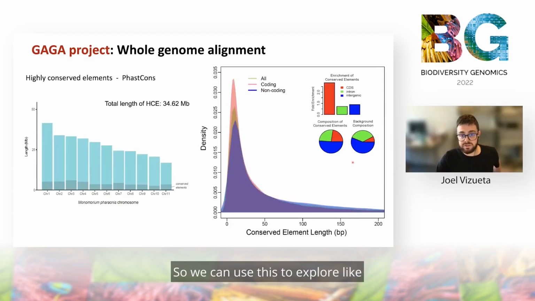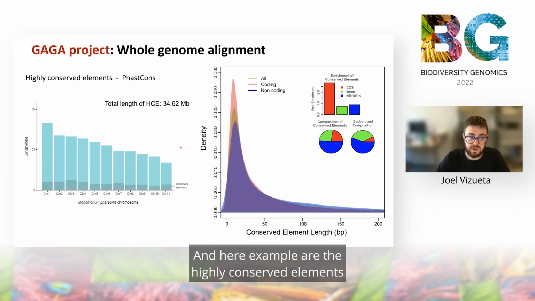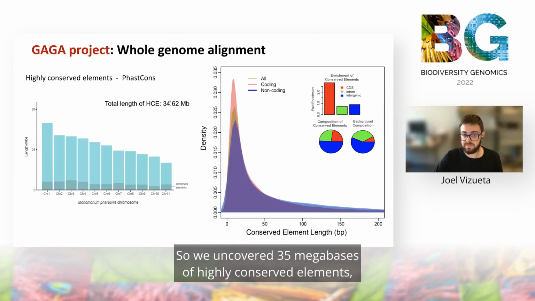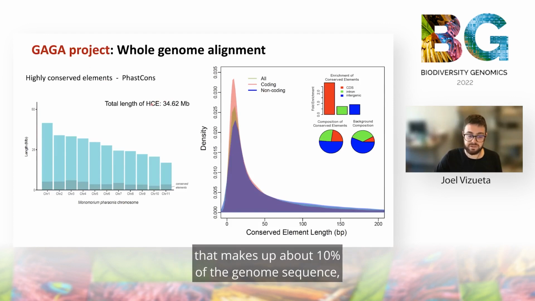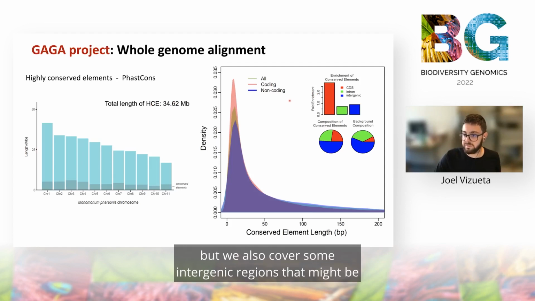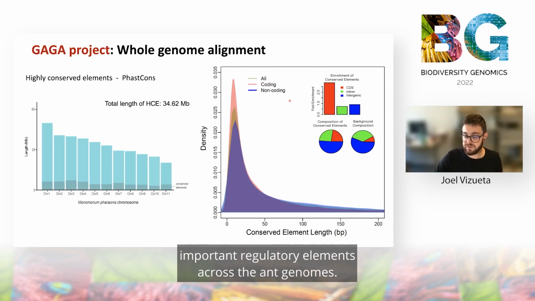So we can use this to explore macro and micro synteny across ants, and an example are the highly conserved elements using a PhastCons analysis. We uncovered 35 megabases of highly conserved elements that make up about 10% of the genome sequence across all ants, and we see an enrichment in coding regions as we would expect, but we also uncovered some intergenic regions that might be important regulatory elements across the ant genomes.